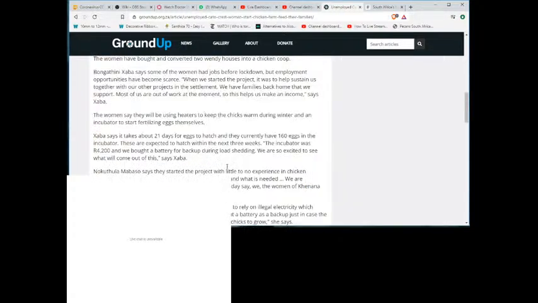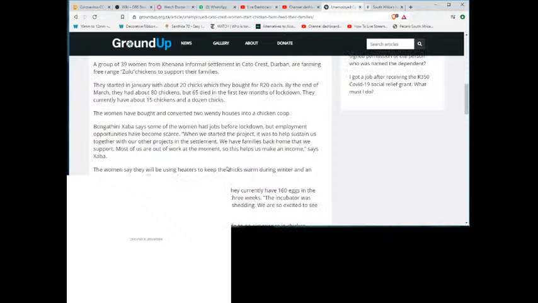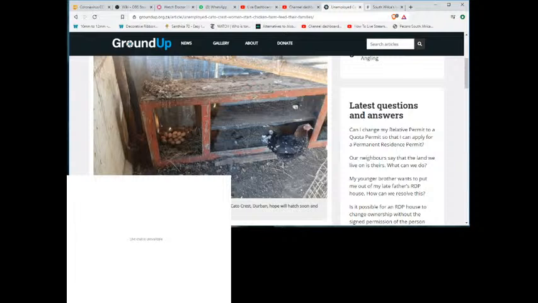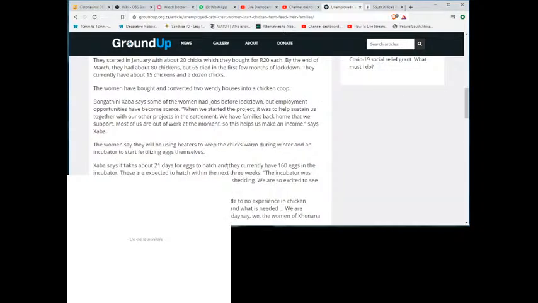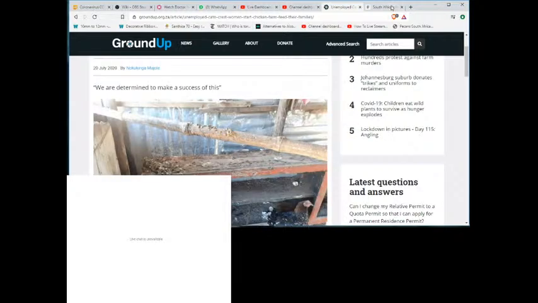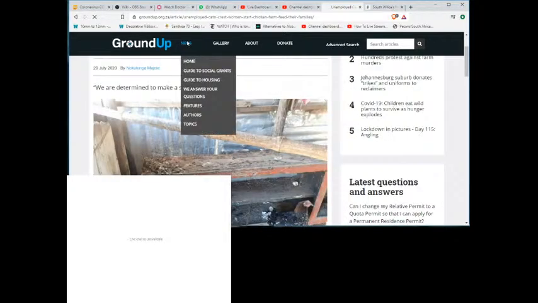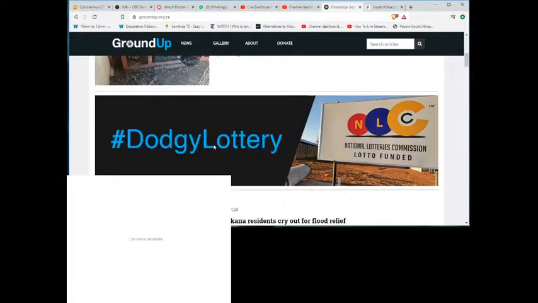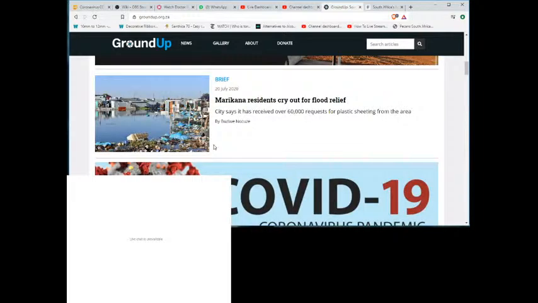It also helps to establish the kind of conditions that people are living in and the kind of conditions that they're keeping their chickens in, which actually is not that bad. I mean, I've been on a number of farms and that's actually pretty good. Let's go back to news again. Let's see if we can find some other ones. Okay, there. Beautiful point of view shot.